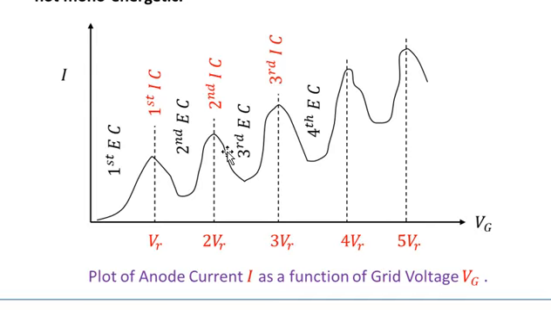So you see that now the electrons have enough energy that after one collision they have sufficient kinetic energy that either they can reach the plate terminal, or they can have other inelastic collisions.